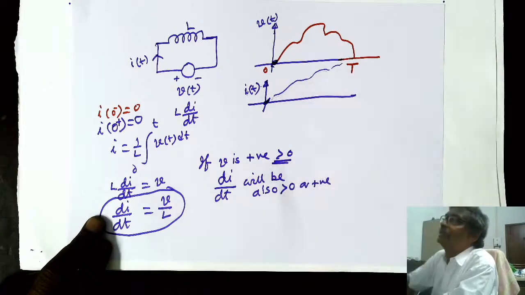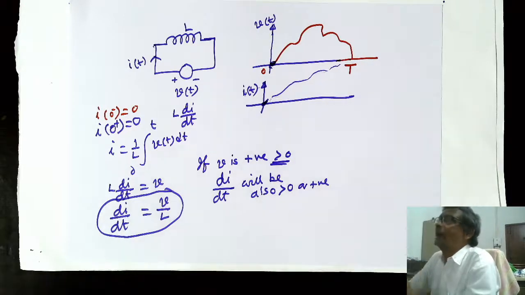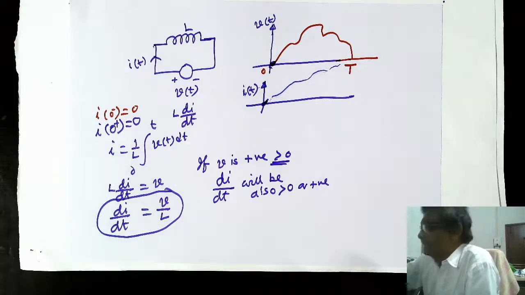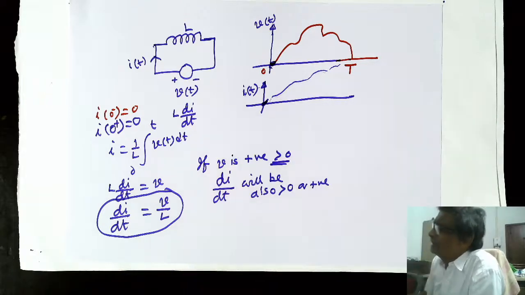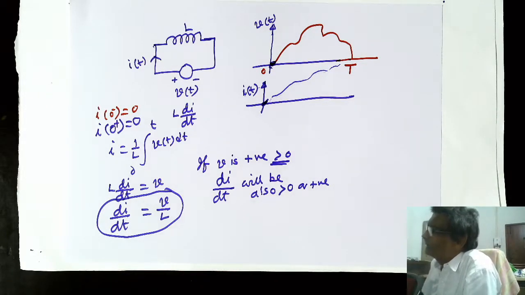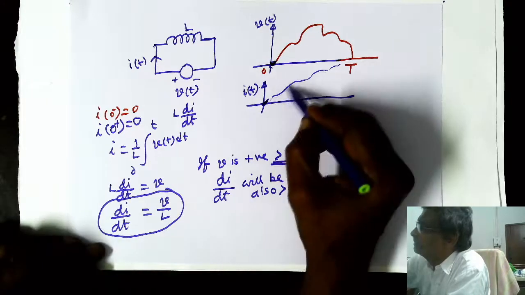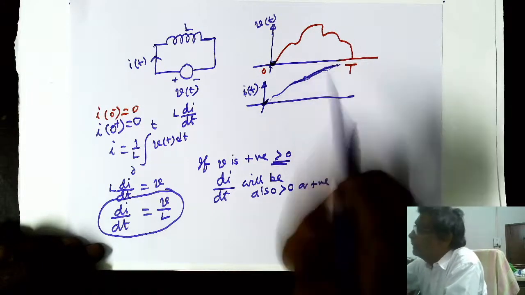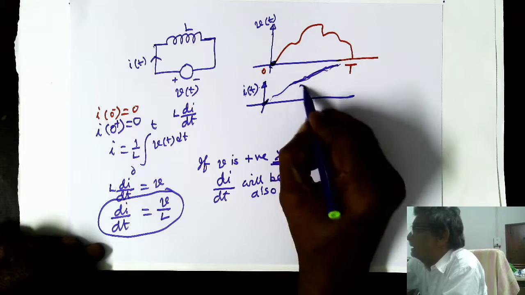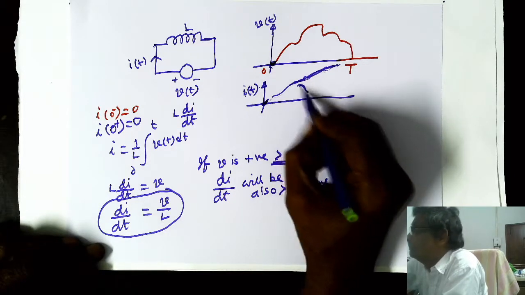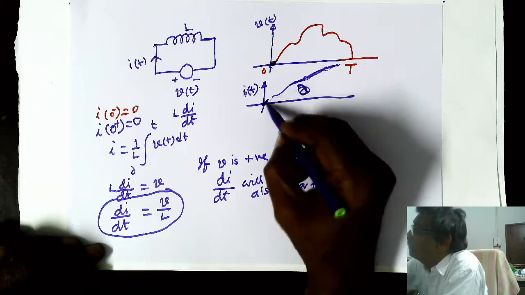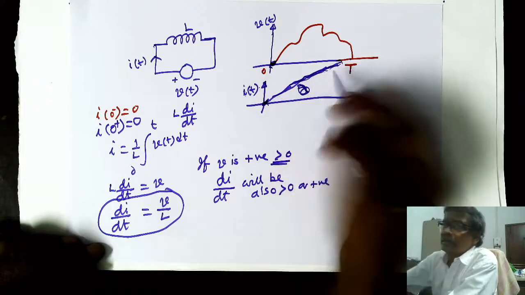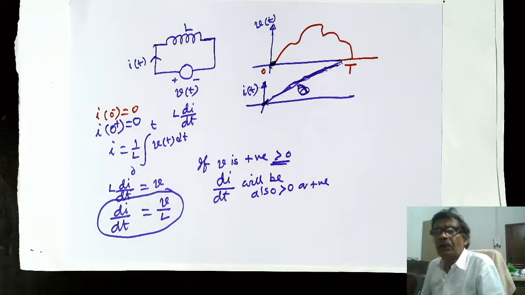di/dt positive, so as time passes, I becomes more and more. Not linearly this time, because earlier it was a flat voltage, linear. But as time passes, current will go on increasing. Never will it go down at any point. di/dt will never be negative. It will always go up in some manner. If I knew what is Vt, I would be able to tell you how.